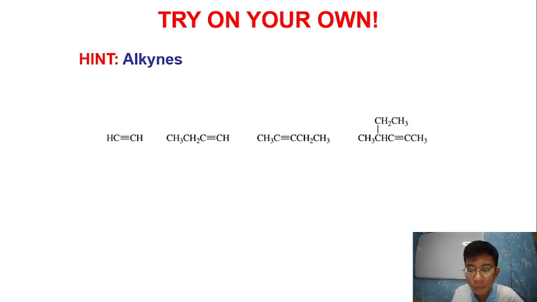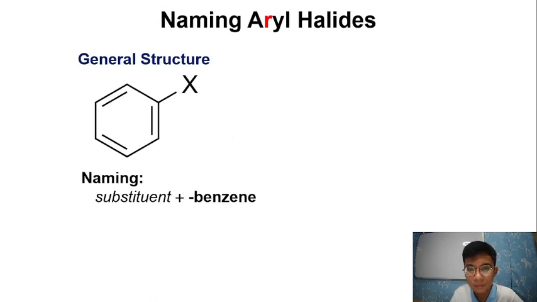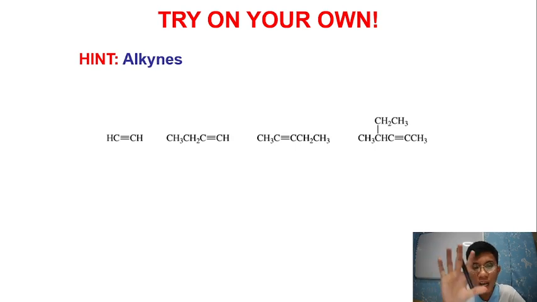So, if you want, you can try this on your own, then check it sa akin kung tama ba yung structure niyo. Okay. So, that is for your alkenes and alkynes. So, nakailan na tayo? Alkane, cycloalkane, alkyl halides, alkenes, and alkynes.